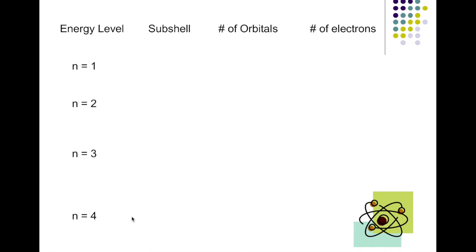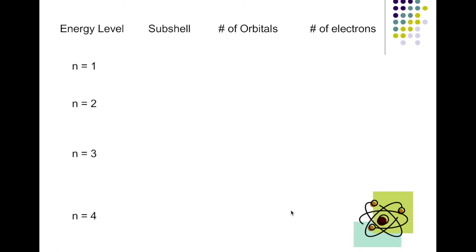Now, n equals 4 is a little bit more, where you have 4s, 4p, 4d, and 4f. So the number of orbitals there is the 9 that we had for 3, but we're going to tack on another 7 orbitals.